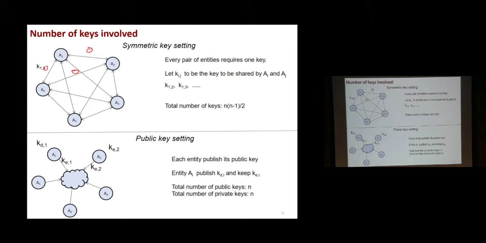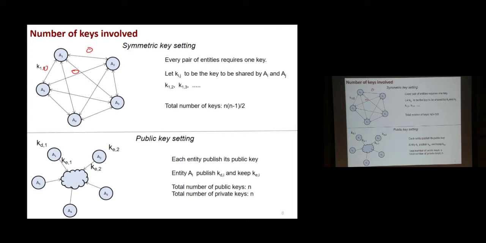If we are using AES or symmetric key, then I will need 5 choose 2 keys, because among 5 people I can form 5 choose 2 pairs. 5 times 4 over 2, that is 10 pairs. So it's quadratic. When n becomes large, this is a large number.